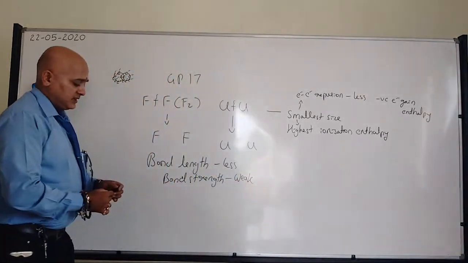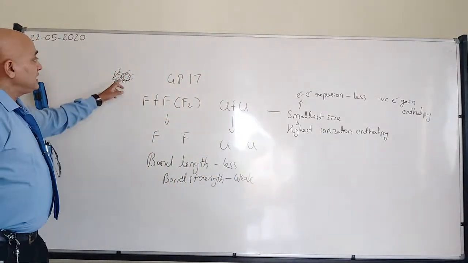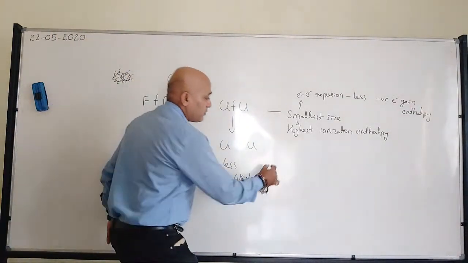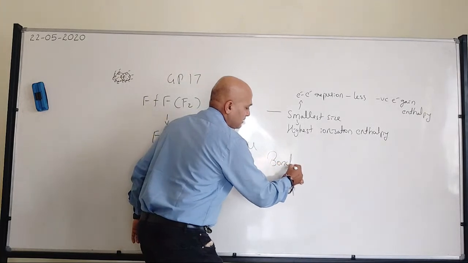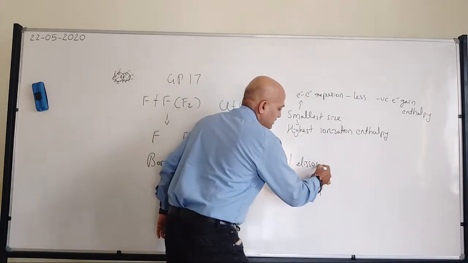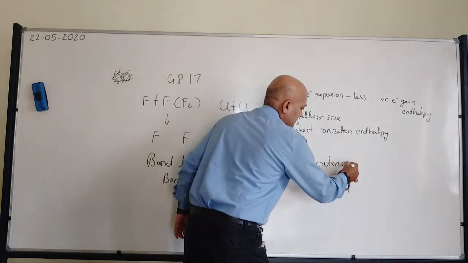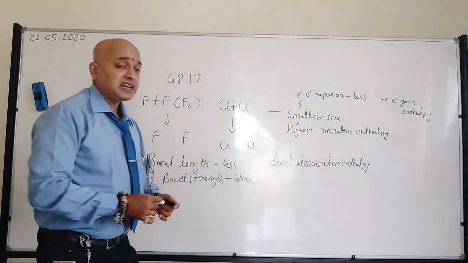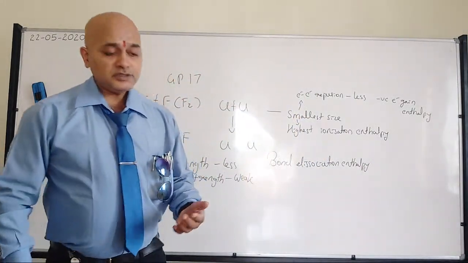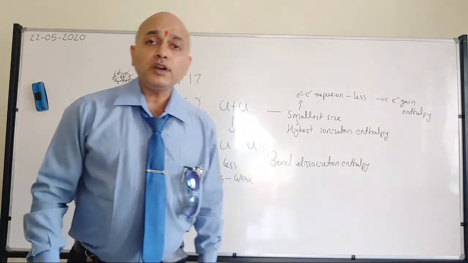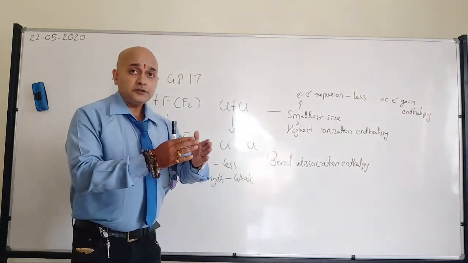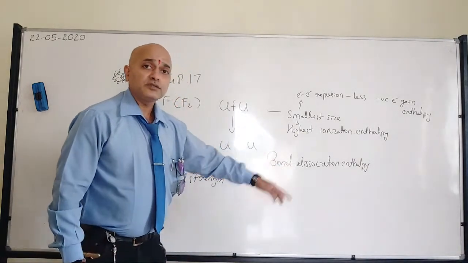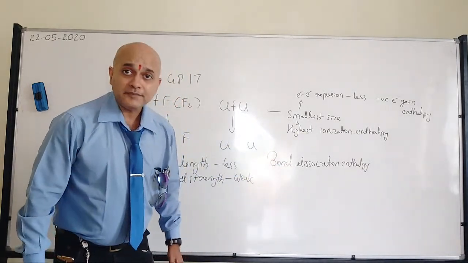The reason is electron repulsion. So what I mean to tell here is bond dissociation enthalpy, which is nothing but the amount of energy required to break the particular covalent bond. That's where we have the bond dissociation enthalpy.